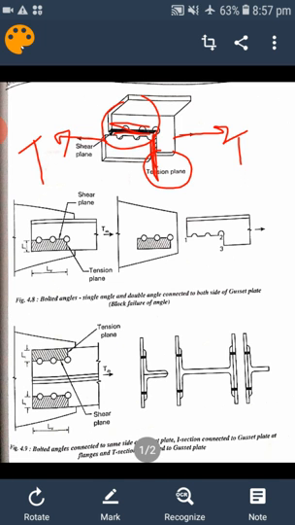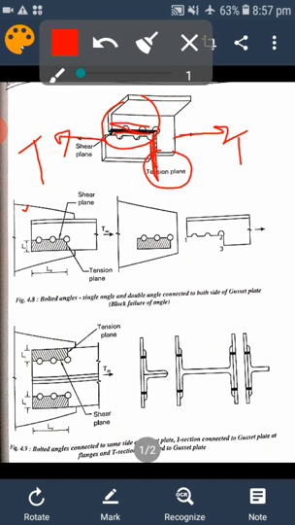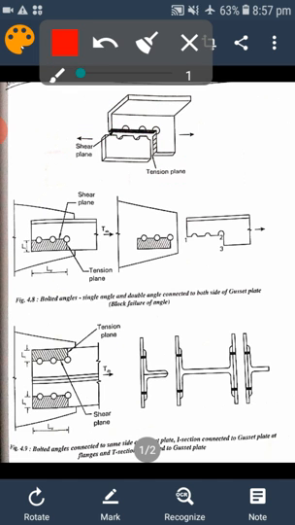Some more examples are given here. A single angle connected to the gusset plate. Here this is a gusset plate and this is a single angle connected to the gusset plate by providing 3 bolts, and they have clearly marked which is the tension plane and which is the shear plane.